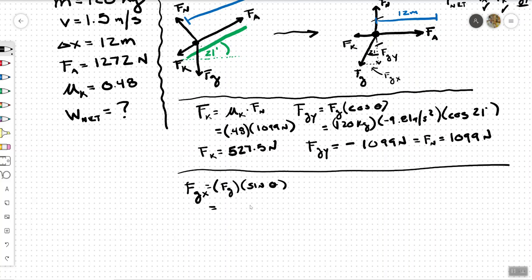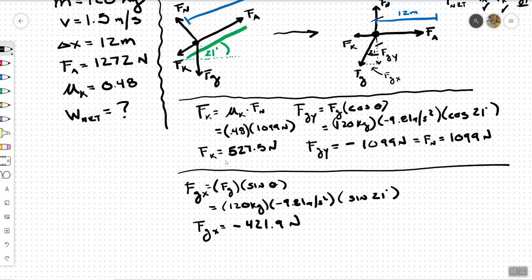So in this case, we know the force of gravity is 120 kilograms times negative 9.81 meters per second squared times sine of 21 degrees, and I get the force of gravity horizontal component to be negative 421.9 newtons. And I guess I should go back to force of friction, since it's to the left, is also a negative value.